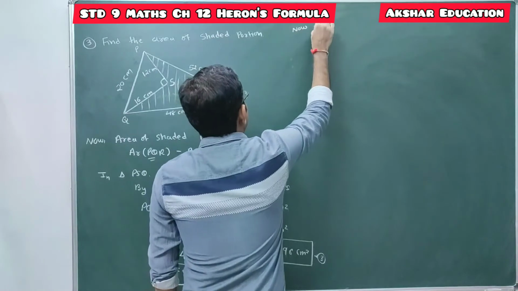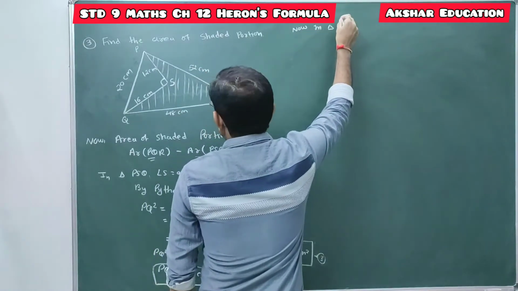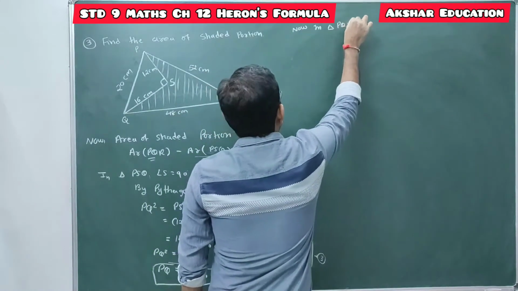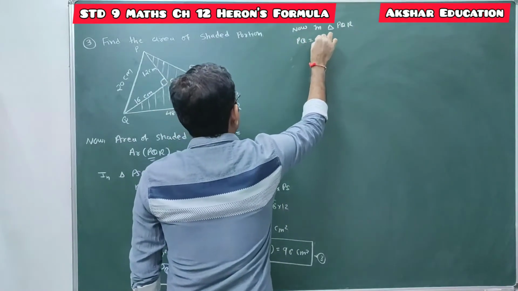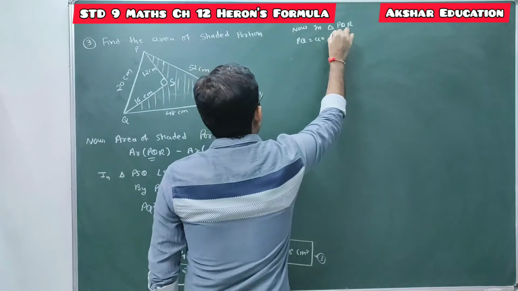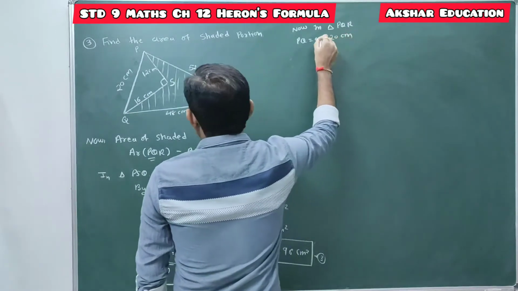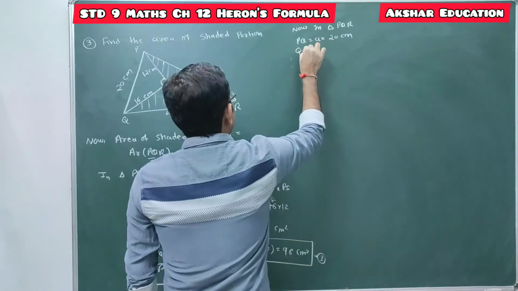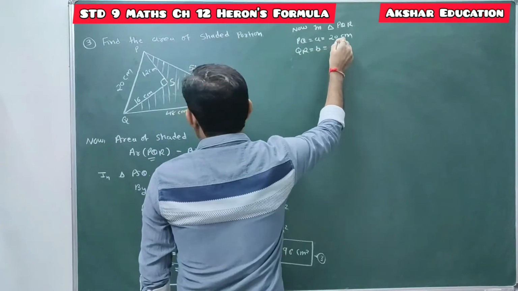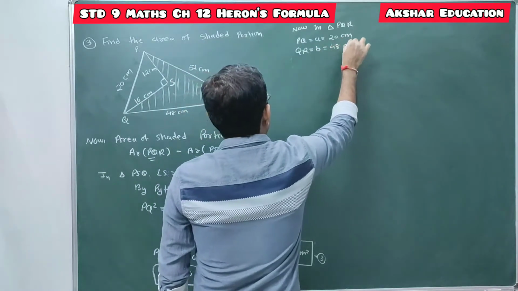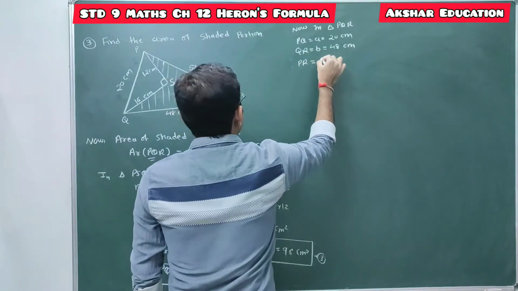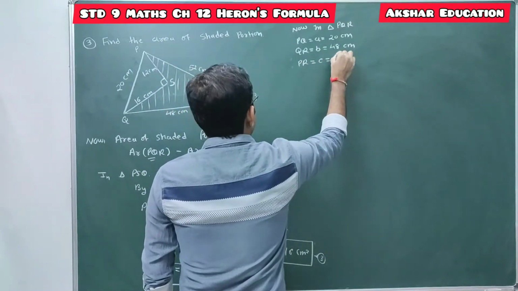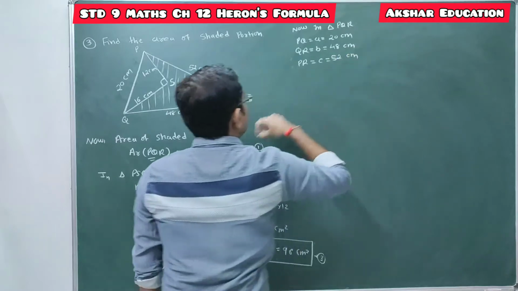So now in triangle PQR, let side PQ be A, which is equal to 20 centimeter. Side QR is B, and that is 48 centimeter, and PR is C, and that is 52 centimeter.